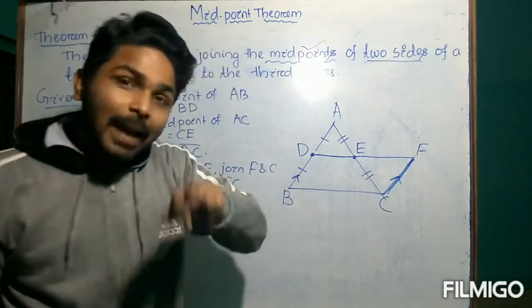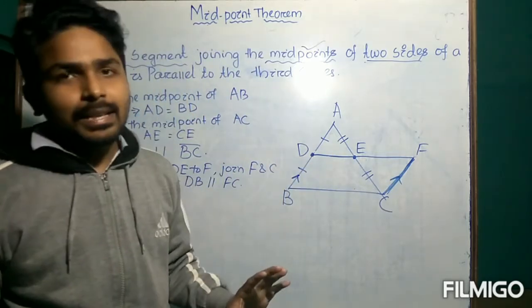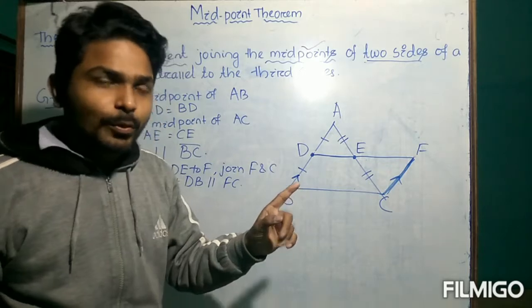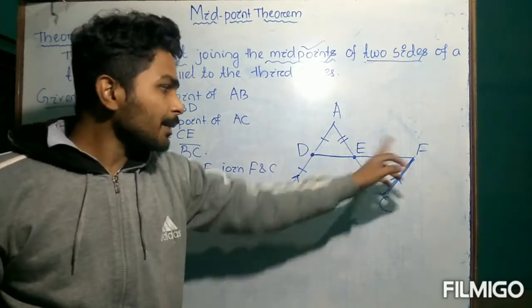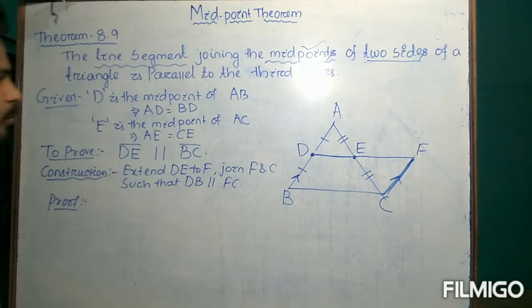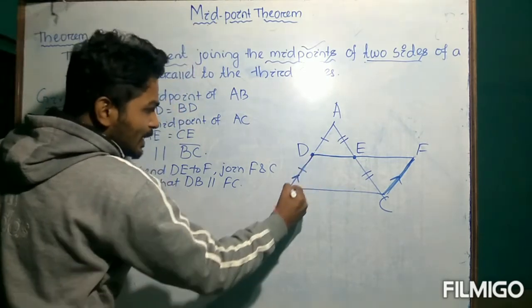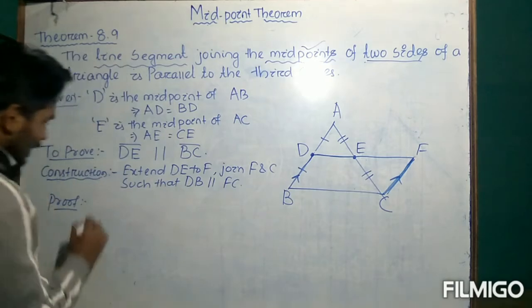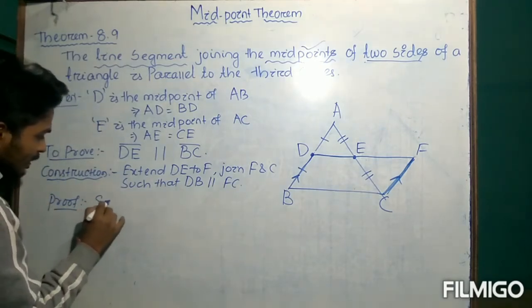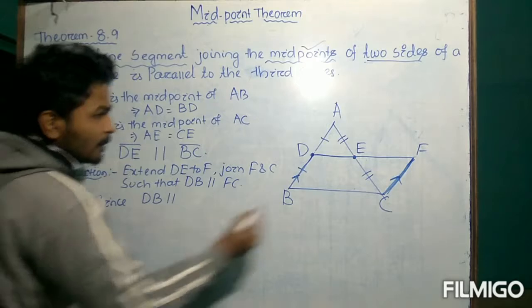This quadrilateral is a parallelogram. If I can prove this, then I can say yes, this line is parallel to this line. So our main intention is to prove this quadrilateral DFCB is a parallelogram. So how can we prove it? Already we have constructed that DB is parallel to FC.